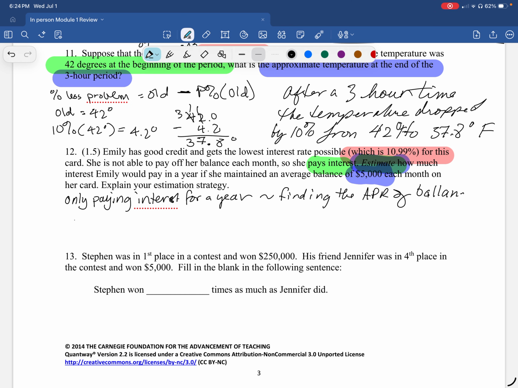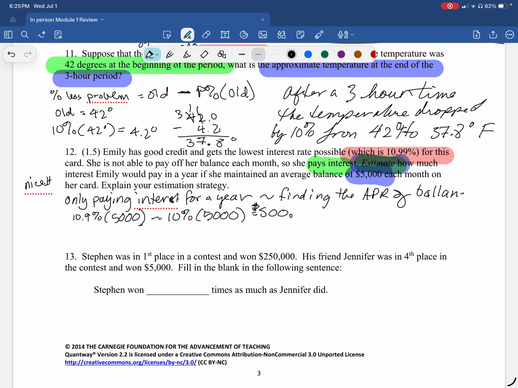So we need 10.9% of 5,000. And now for estimating, we're going to do nice numbers. So this is about 10% of 5,000, which is equal to $500, because 10% is just moving the decimal.